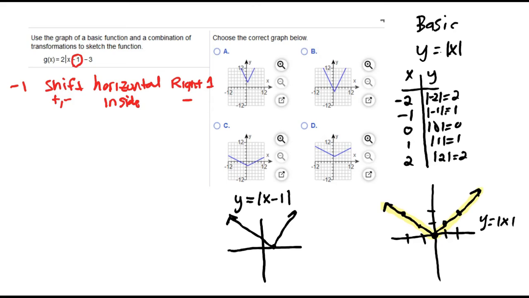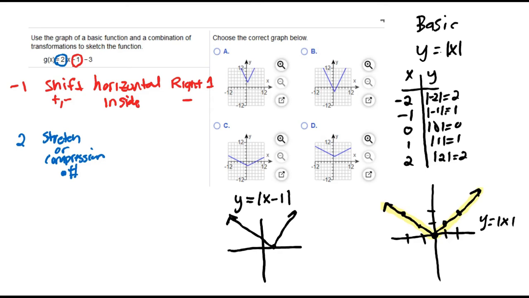Okay, so then let's look at the next one, which is 2. That 2 is not adding or subtracting, it is multiplied. So instead of being a shift, what we have is something called a stretch or compression. Because it was multiplying by a number, that's why I knew it's a stretch or compression.